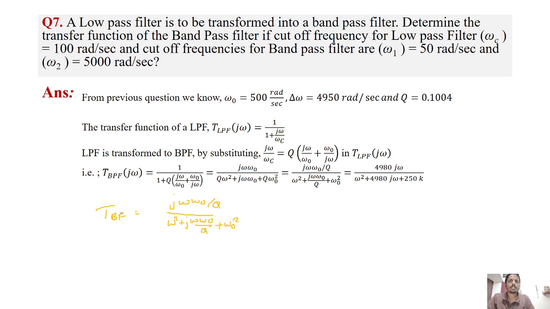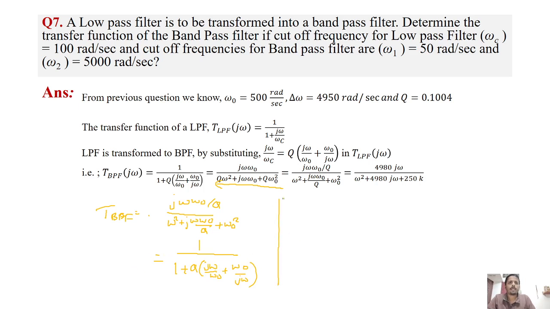This is the general transfer function of the band pass filter. If I rearrange, I will get the value of this transfer function as 1 by 1 plus Q into (j omega by omega naught plus omega naught by j omega).